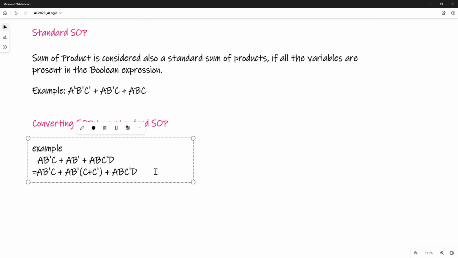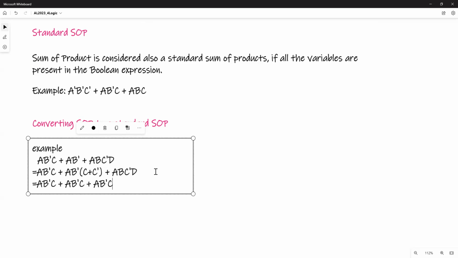It won't change my expression, isn't it? Yes. So now I can expand. So I can say A B dash C plus A B dash C dash plus A B C dash D. You got the point, right?